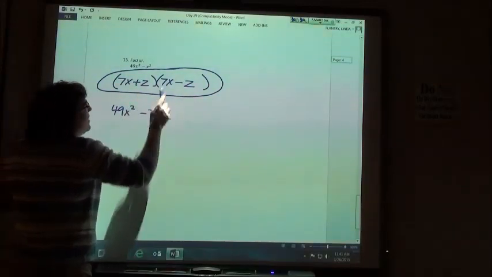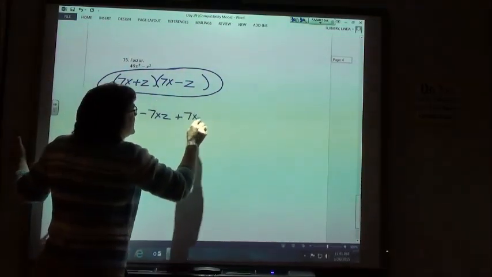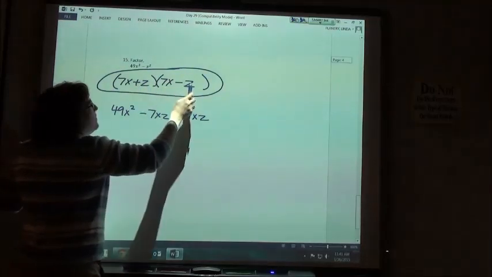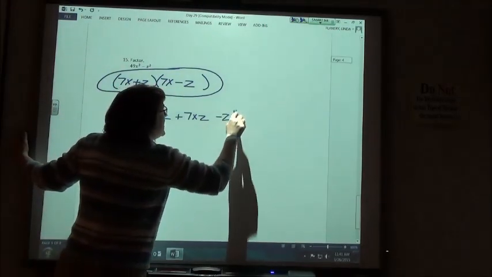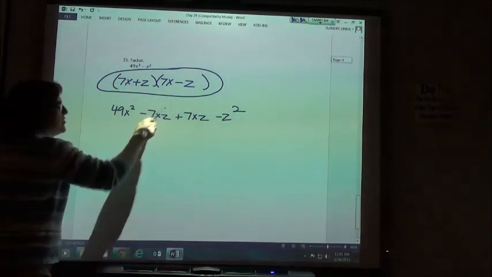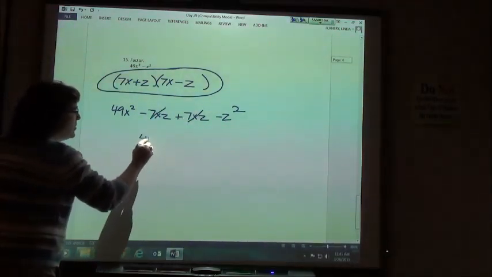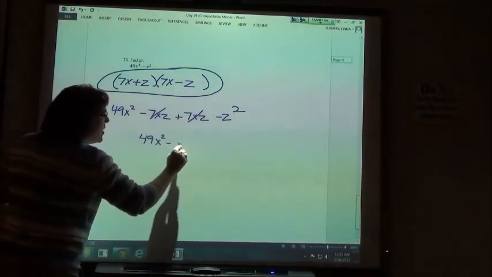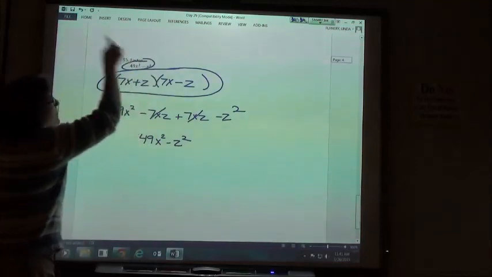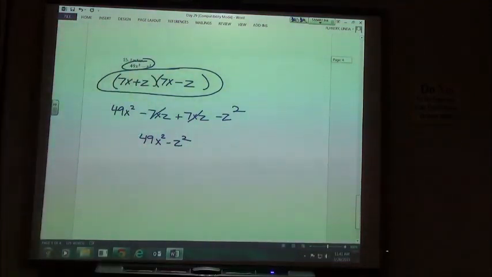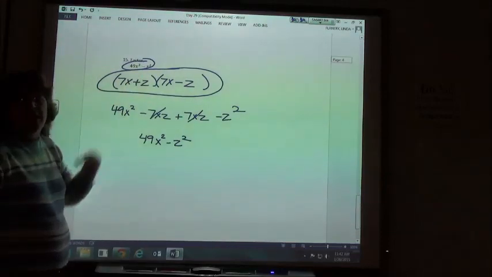Positive z times 7x, positive 7xz. Positive z times a negative z, minus z to the second power. These are opposites, they cancel out, so I get 49x squared minus z squared. Yep, that's what I started with, it checks out. So you can always FOIL it back out and double check to see, does it work?